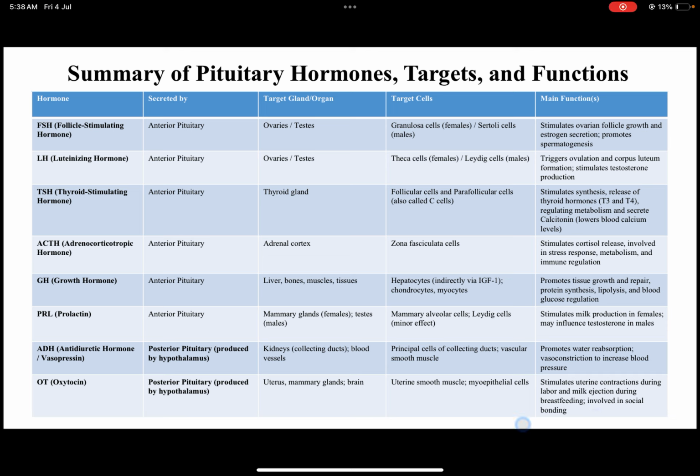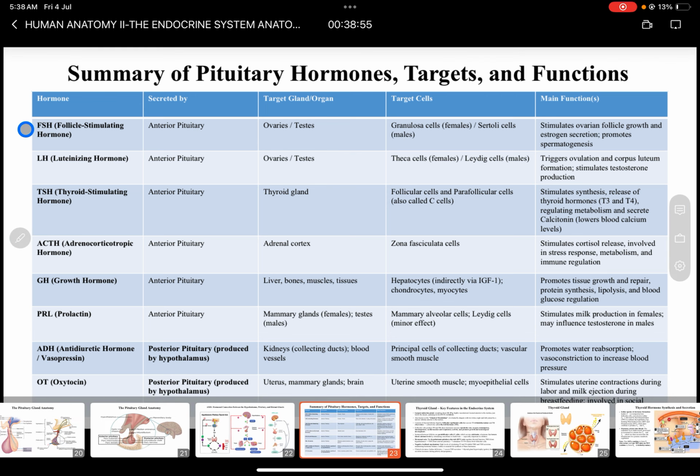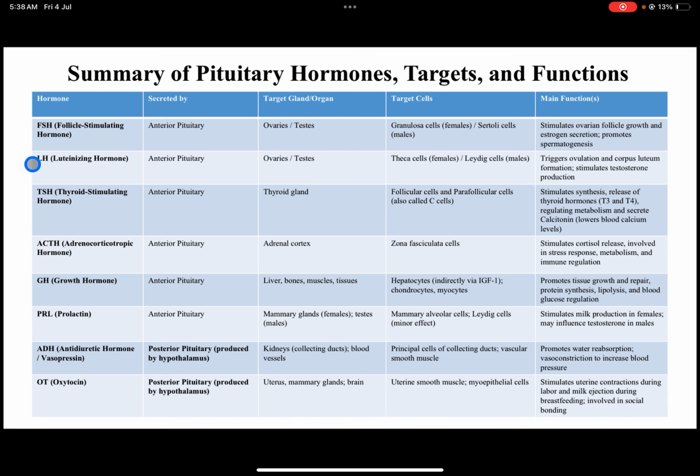Is that okay? Good. So that is the summary of the pituitary gland hormones, their targets, and their functions. Remember that these are the hormones produced and stored in the pituitary gland. For the anterior pituitary, we have follicle stimulating hormone, luteinizing hormone, thyroid stimulating hormone, adrenocorticotropic hormone, growth hormone, and prolactin.